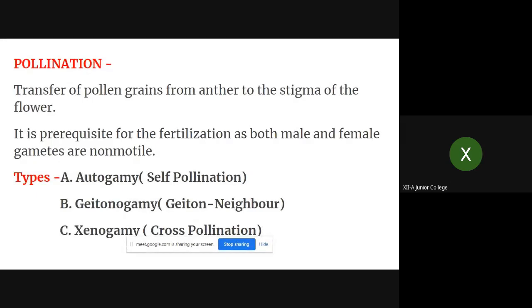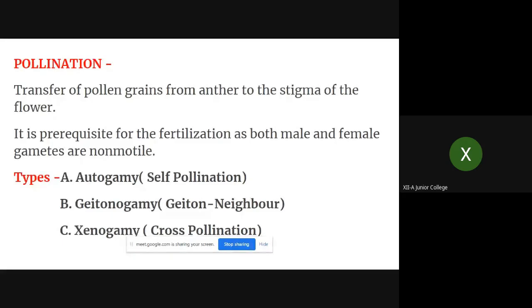So these pollen grains are transferred from anther to the stigma of the flower. That flower may be the same flower or the neighboring flower of the same plant, or it might be of a different plant. So the simple definition is what? Transfer of pollen grains from anthers to the stigma of flower.